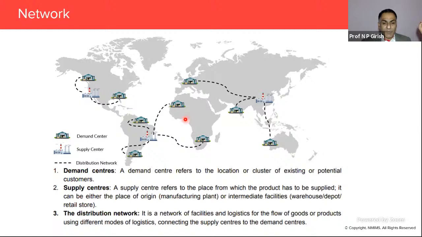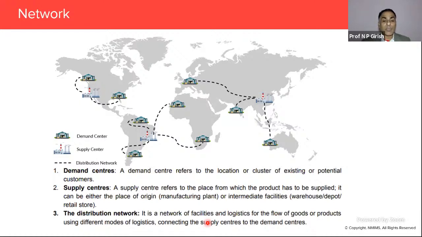Keep this particular slide in view, because this is something you probably need to understand. What is the demand center? Groups of customers, clusters of customers, etc. Supply center: the place from which the product has to be supplied, the place of origin, any intermediate facility, etc. And distribution network talks about the flow of the goods or the product, connecting the supply center and the demand center.